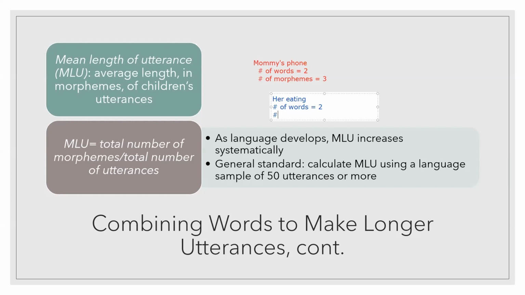And again, in terms of number of morphemes, we have 3, because "her" is one morpheme and "eat" is one morpheme, and the -ing for the present progressive, which is the earliest developing grammatical morpheme according to Brown's morphemes, adds a second morpheme to that word. So "her eating" is actually three morphemes: her, eat, and -ing. So now we have our two utterances.